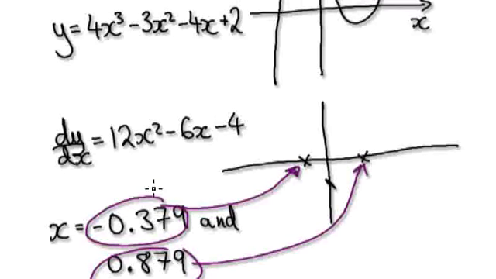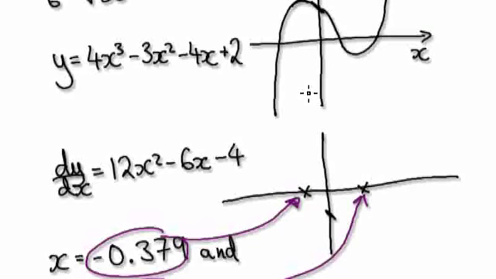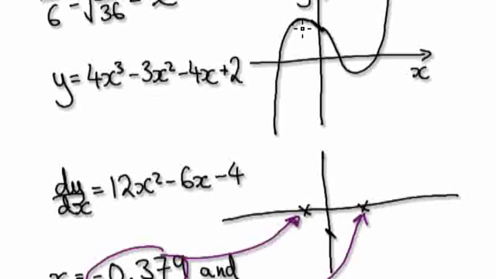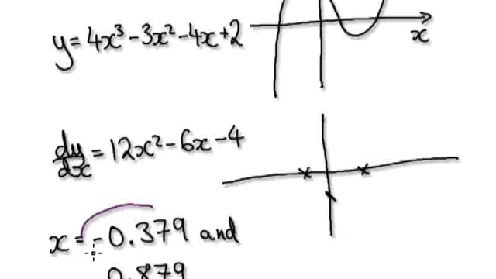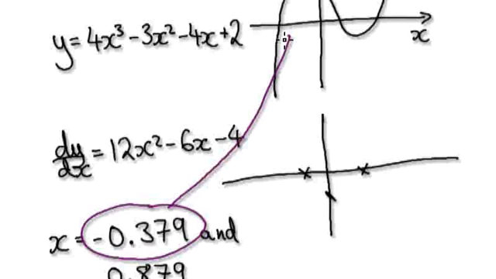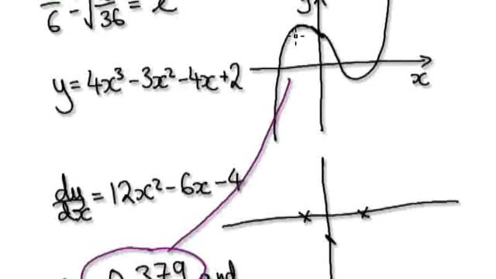Once you've got these two points, you know that the gradient is 0 when x is this. Don't forget this here is also at this point here. At this point the gradient here is 0. So if you draw a vertical line down here, this point here will be right here.